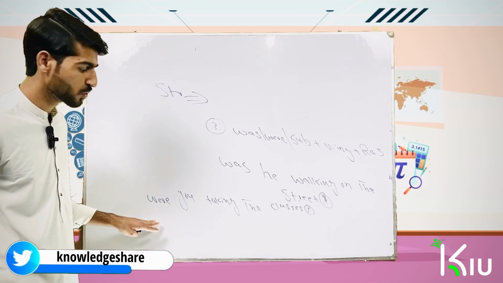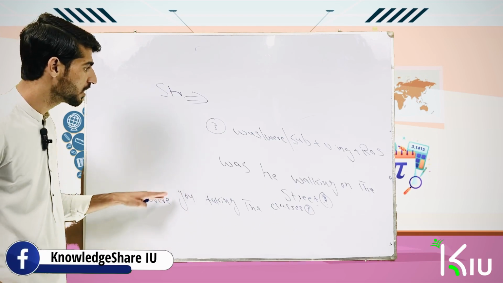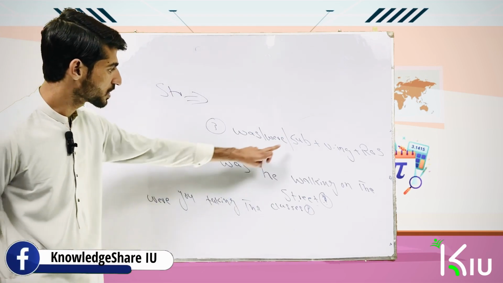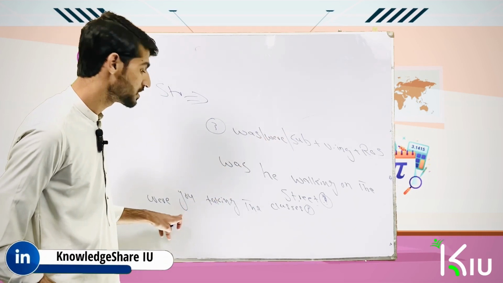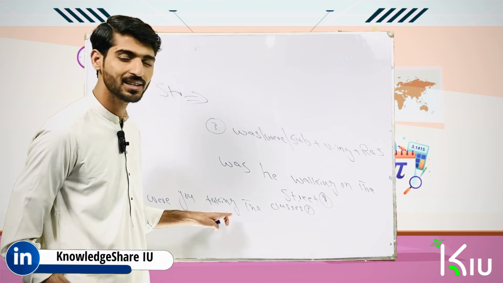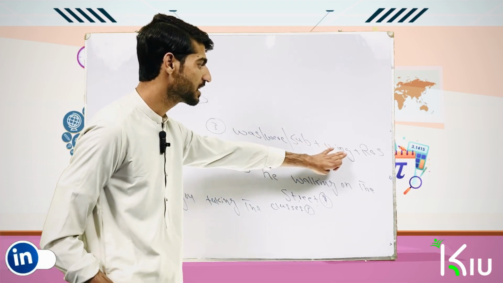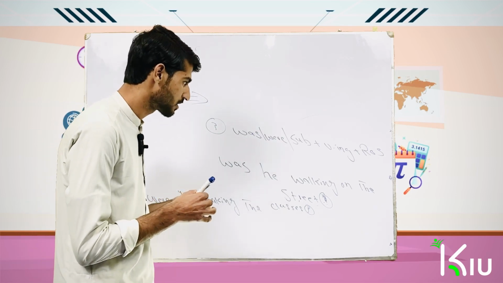Now the subject is plural, so first of all we will put were because the subject is plural. After that we will put the subject. First I'll put were, then the subject, you. After that verb ing: taking is the verb ing, and then the rest of the sentence. So, were you taking the classes?